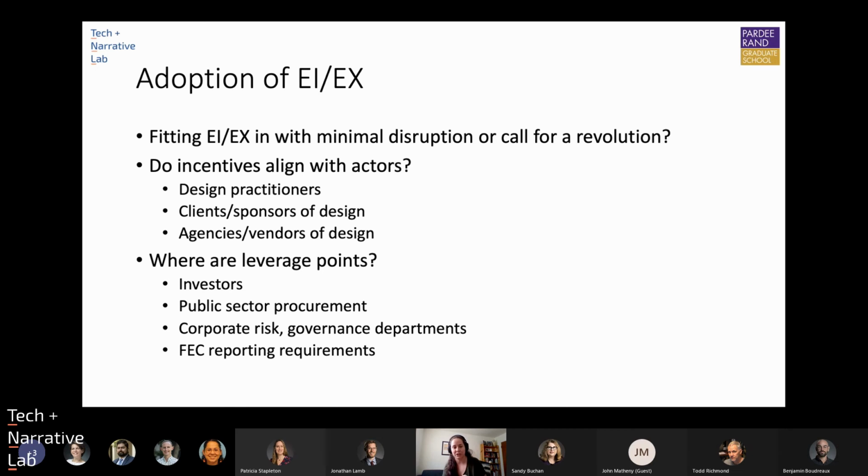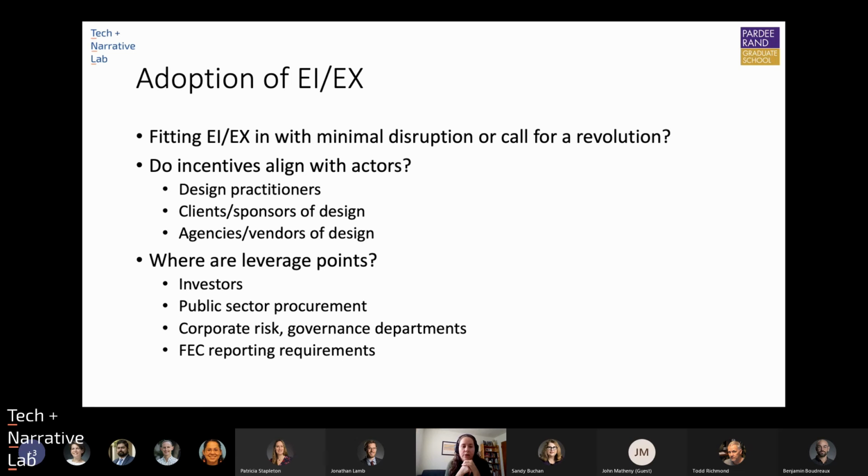We had this discussion about whether this is something that we want to try to add to a process with minimal disruption, or is this really a revolution in thinking, where all of the actors and decision makers in the creation and adoption of a technology might really shift their thinking to consider these sorts of ethics and equity issues. And that's an ongoing discussion, I think, among all four of the small groups, among the whole sprint team here.